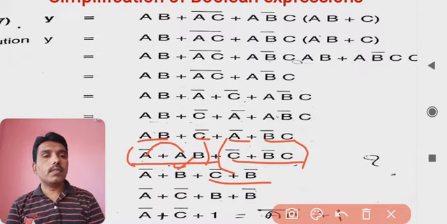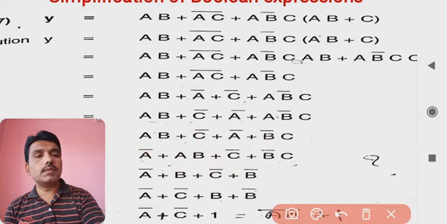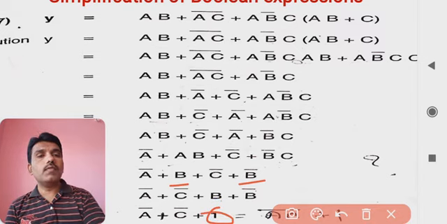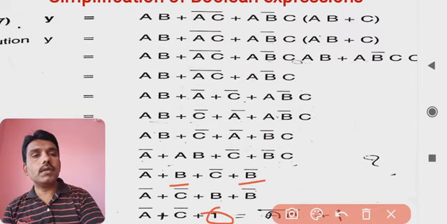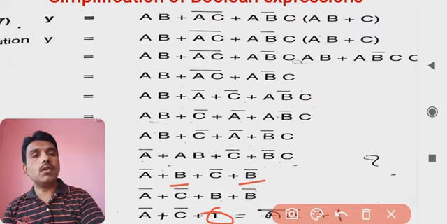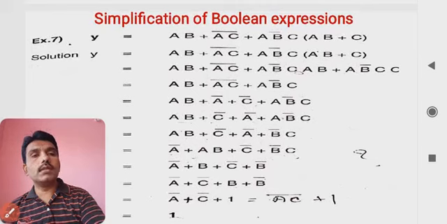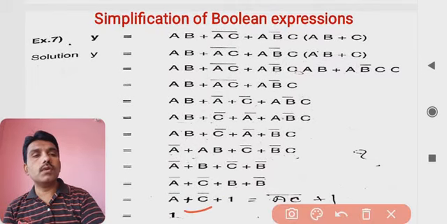If you look at this case, B complement or B gives us the value 1, and 1 plus C complement is always 1, or again 1 plus A complement is always 1. So the final answer for this case is nothing but 1 only.